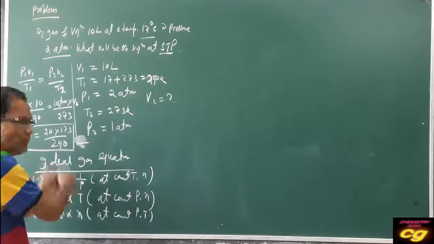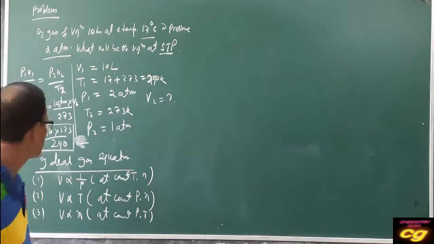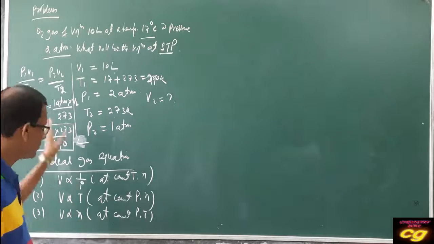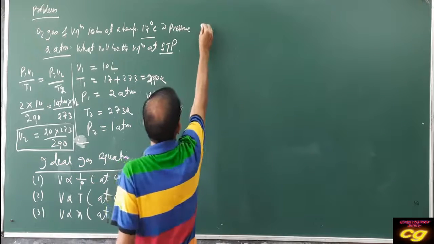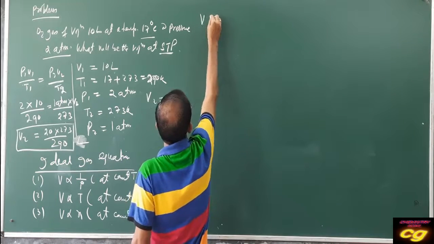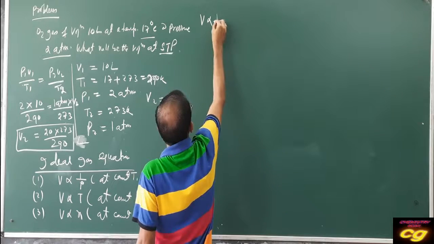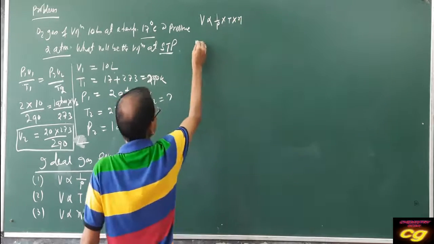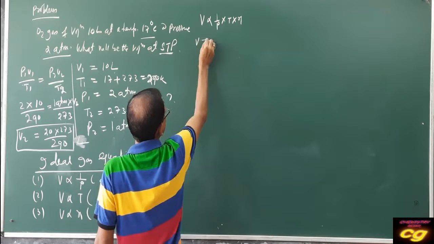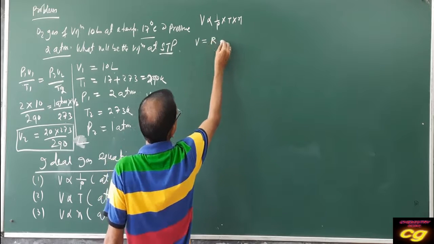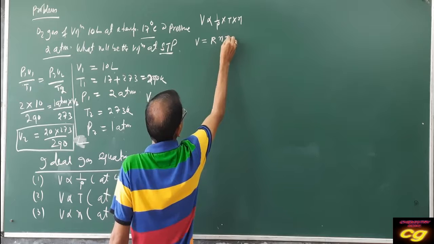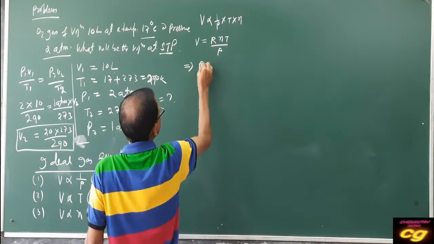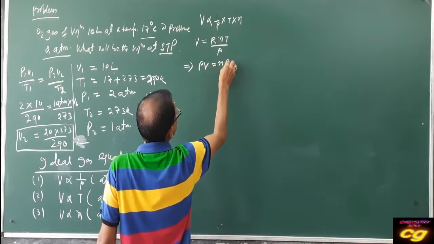So V is proportional to 1 by P, V proportional to T, V proportional to N. If you combine, V is proportional to 1 by P into T into N. Then with a proportionality constant R, V equals R times N T by P. If you arrange this, you get PV is equal to nRT.